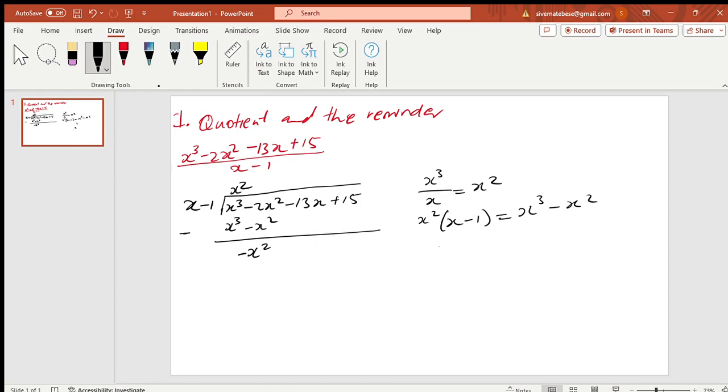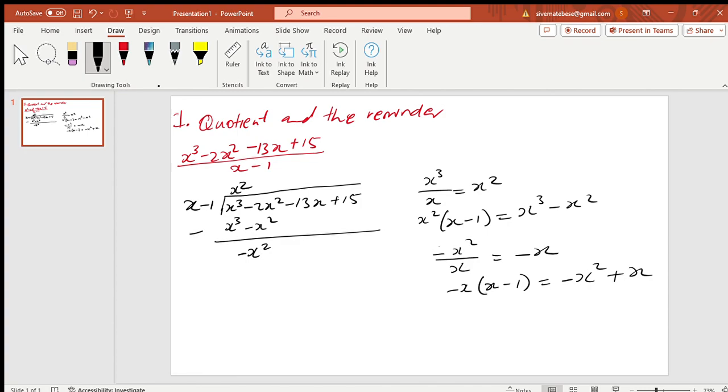Now again, the negative x squared divided by the same x that we have there gives us a negative x. Now we multiply that negative x by the same divisor, x minus 1, and that's going to be negative x squared plus x.